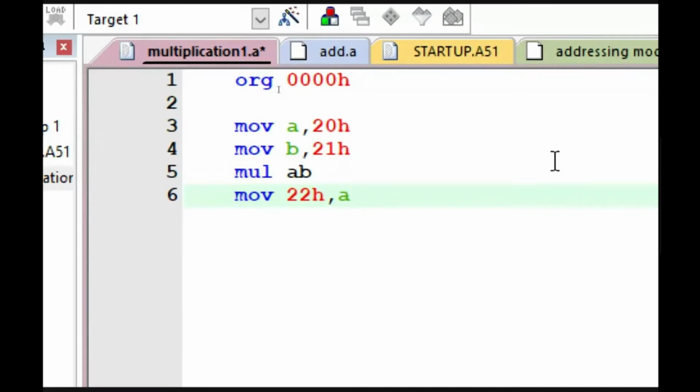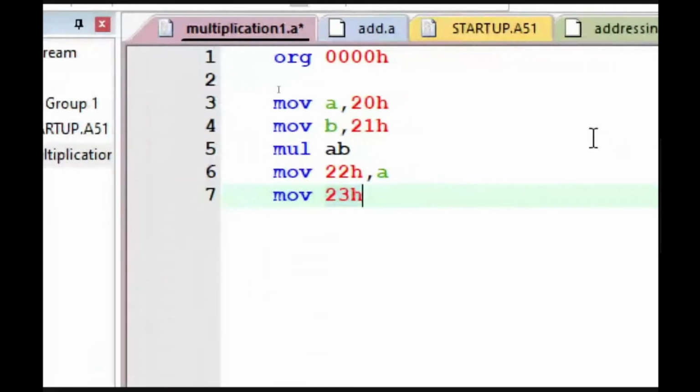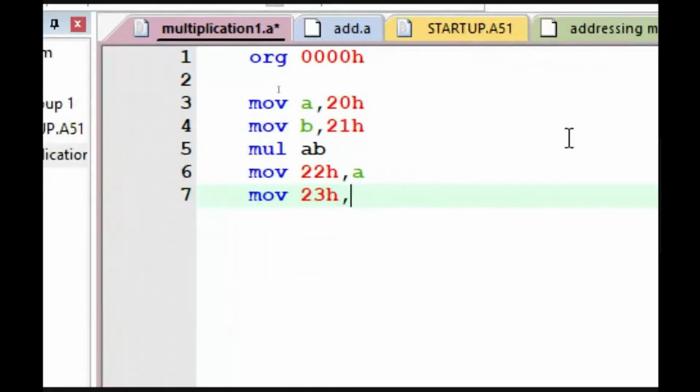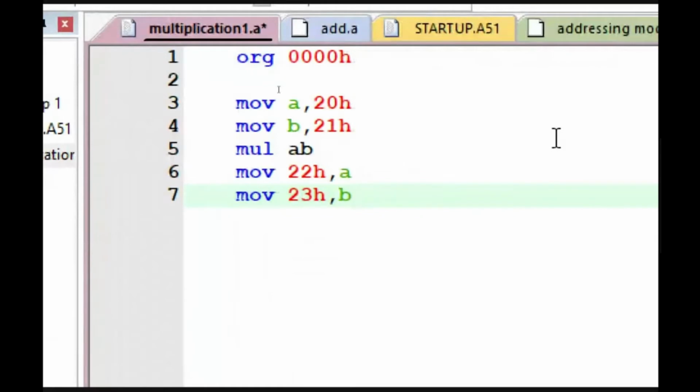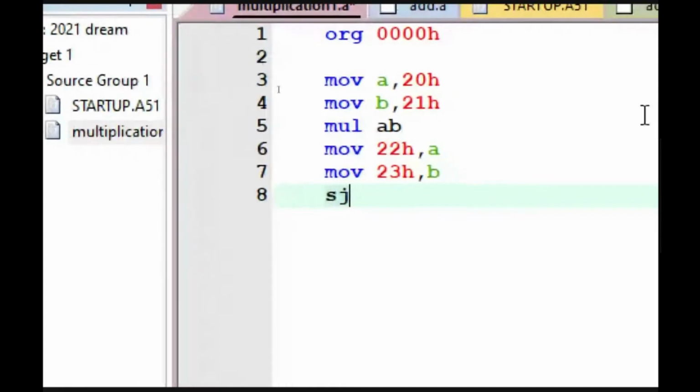It will move the content of the accumulator to the 22nd memory location. After multiplication, what will be the content of the accumulator? The least significant byte of the product will be there in the accumulator. So that will be moved to the 22nd memory location. And the most significant byte of the product is available in the B register. That has to be moved to the data memory location 23. And you can stop the program by using the short jump instruction.